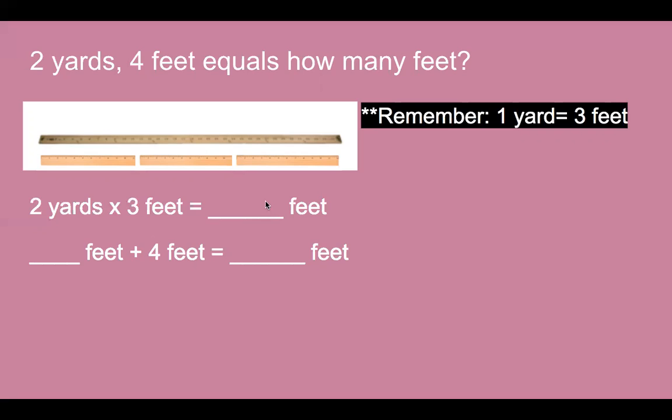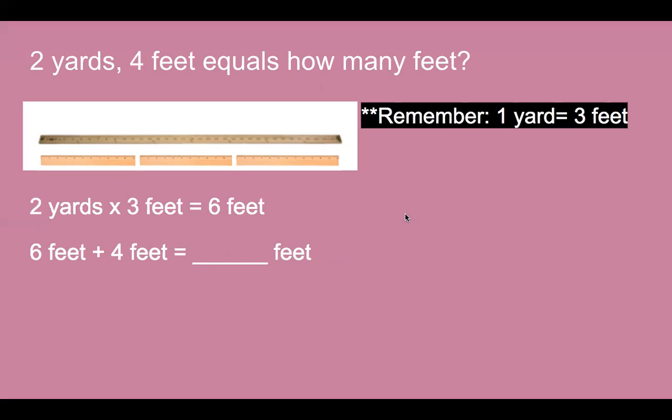So that's your first step. Do 2 yards times 3 feet, a basic fact you should be able to do off the top of your head. You should have got 6 feet: 2 times 3 equals 6, so 2 yards is equal to 6 feet. Now the last step is to remember to add on the rest, which was the 4 feet, because we're not just finding what 2 yards is equal to in feet, we're finding 2 yards and 4 feet.